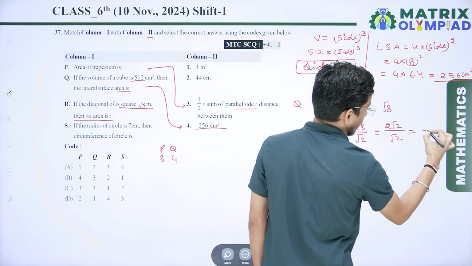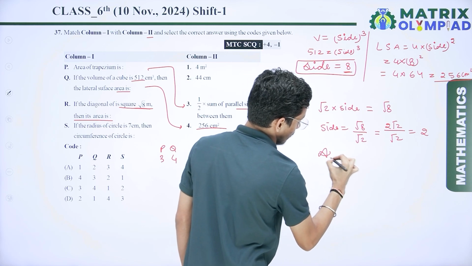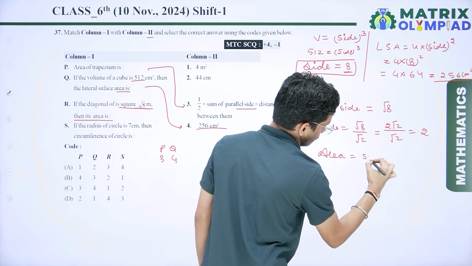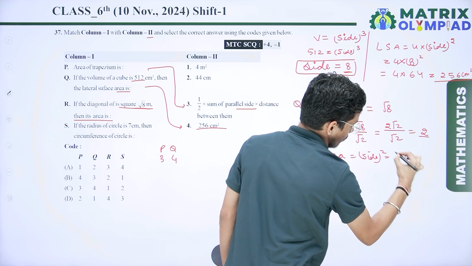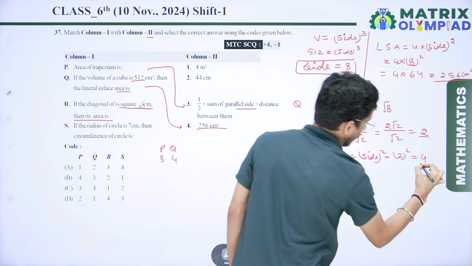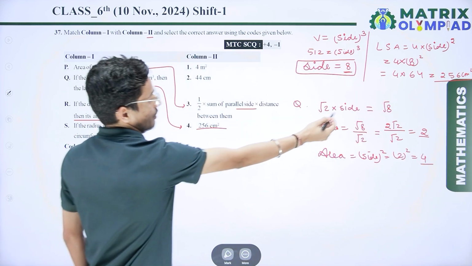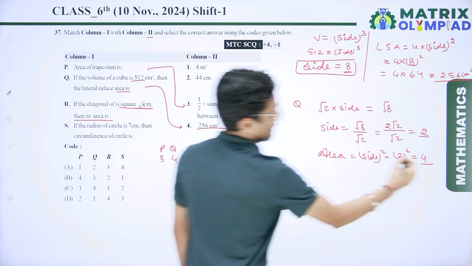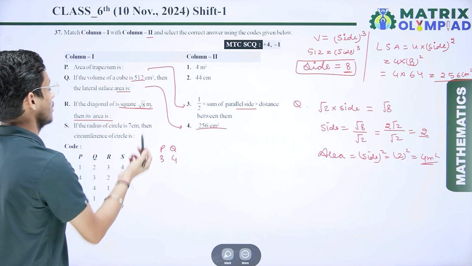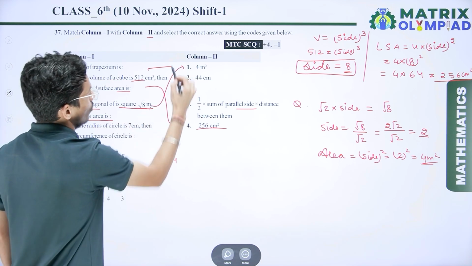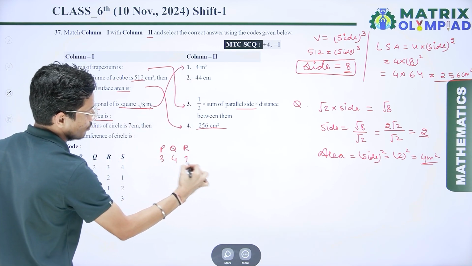So here side is 2, and we know area of square is side square, and side is 2. So square of 2 is 4, and the unit is meter. So I can write here 4 meter square. So R is connected to 1.